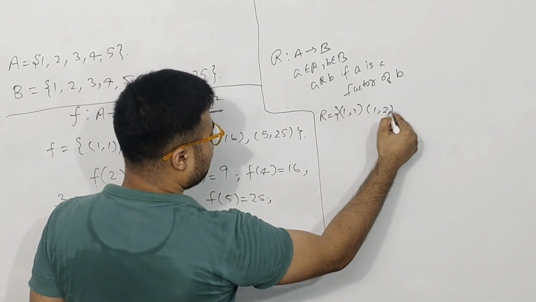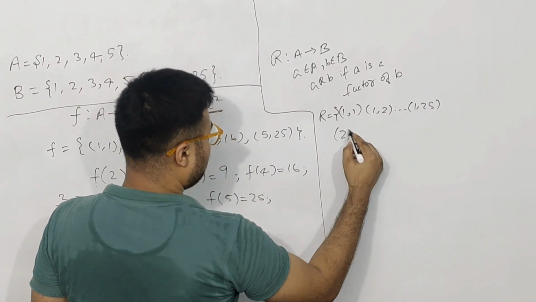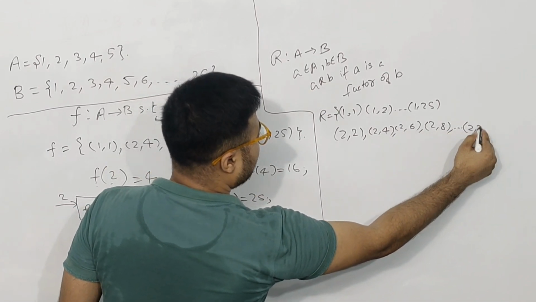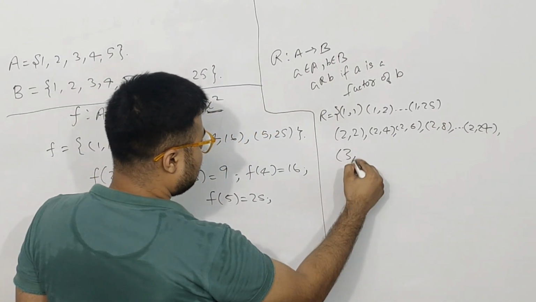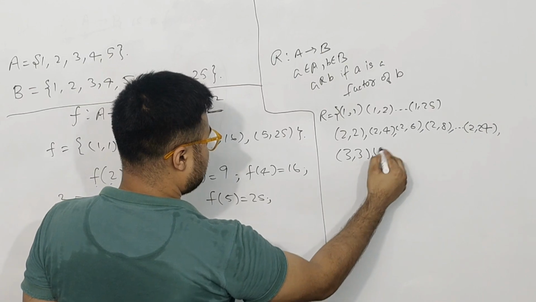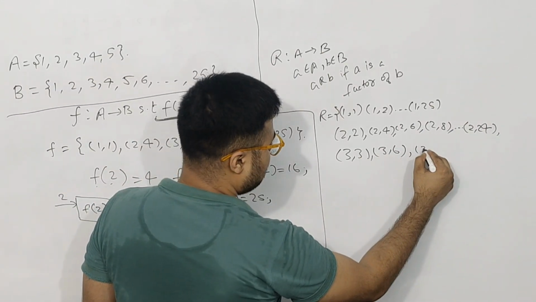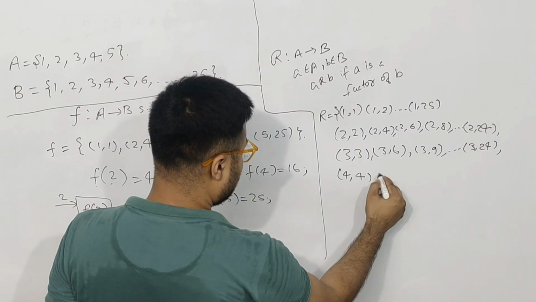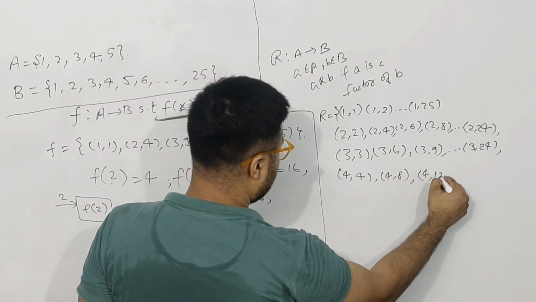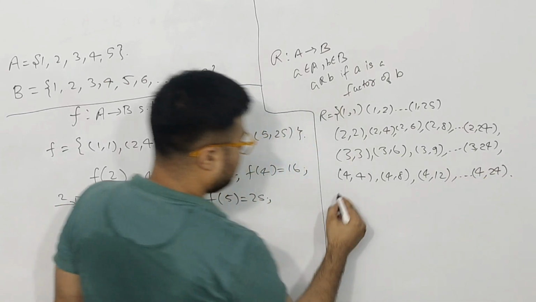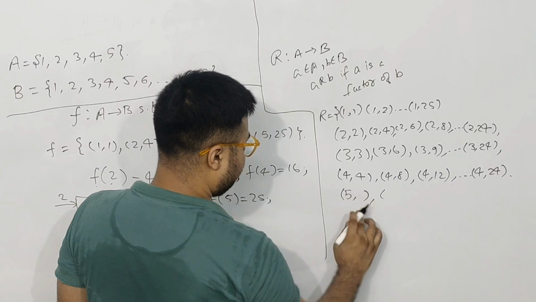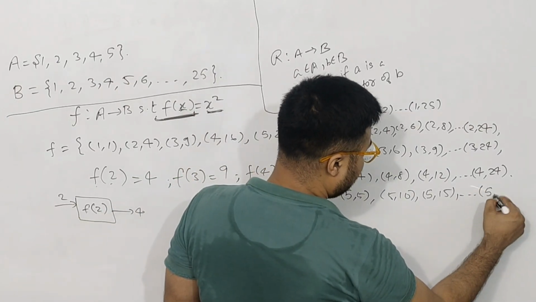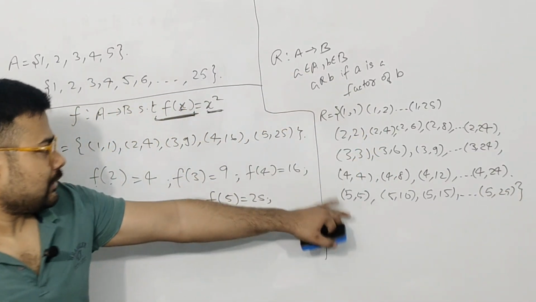So (1,1), (1,2), so on till (1,25). Then (2,2), (2,4), (2,6), (2,8), so on till (2,24), right? (3,3), (3,6), (3,9), so on till (3,24), then (4,4), (4,8), (4,12), so on till (4,24), and then (5,5), (5,10), (5,15), so on till (5,25). So this is your relation R.